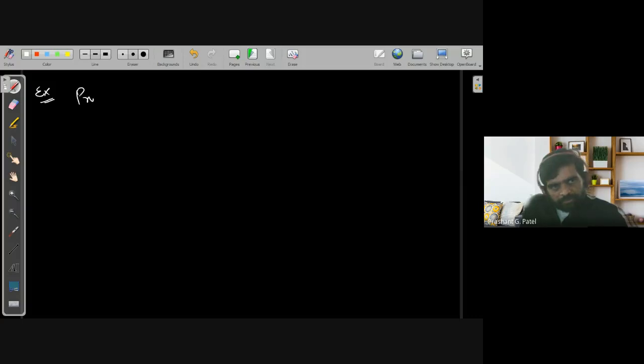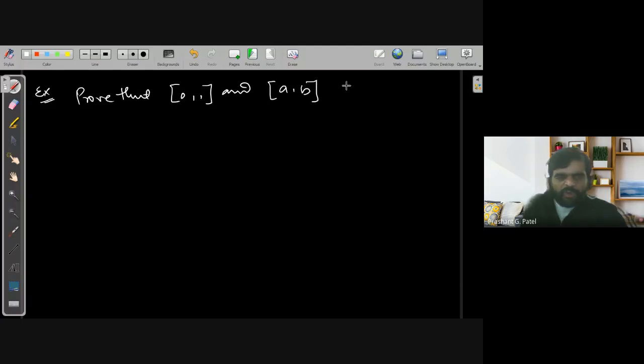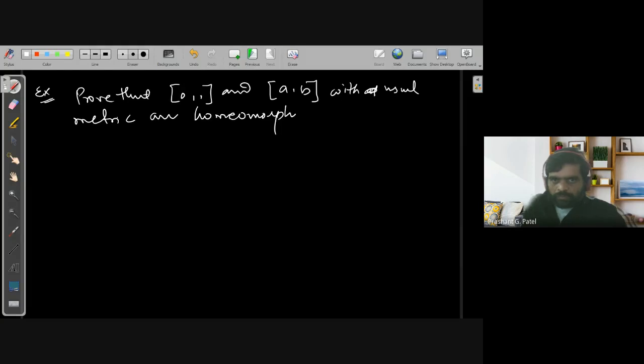Prove that the closed interval [0,1] and the closed interval [a,b] as subsets of R with the absolute metric, or I can say the usual metric, are homeomorphic. That means the closed interval [0,1] or any interval [a,b] will be homeomorphic spaces.